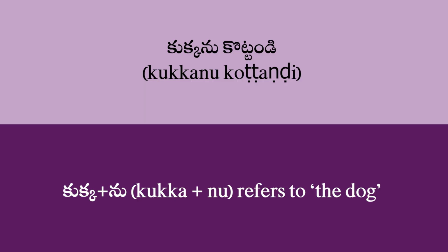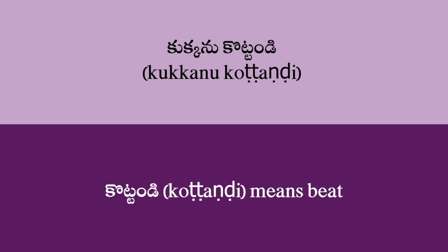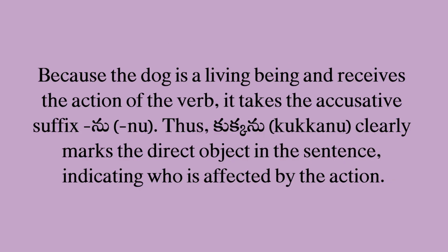For example, consider this sentence, Kukkanu kottandi. Here, Kukkanu refers to the dog in the accusative case, while kottandi means beat, because the dog is a living being and receives the action of the verb.